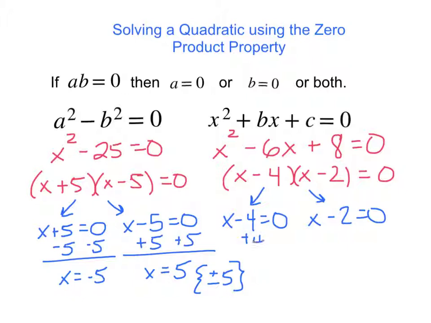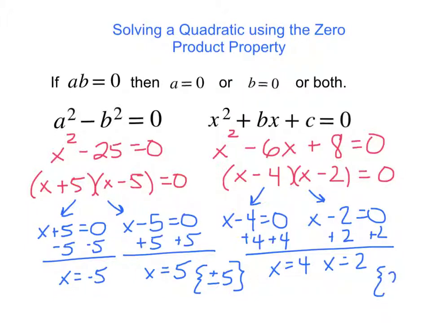Use my property of equality, addition for this one, leaving x equals 4 and x equals 2. And the solutions are 2 and 4. Ooh, that didn't work so well. Oh, it doesn't want to let me erase it. There it goes. My curly braces got a little out of hand. There we go. Curly braces.